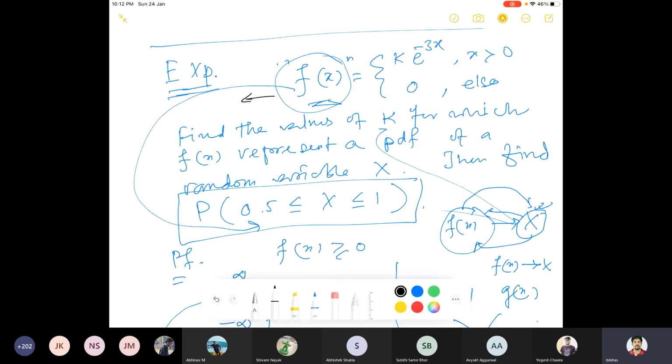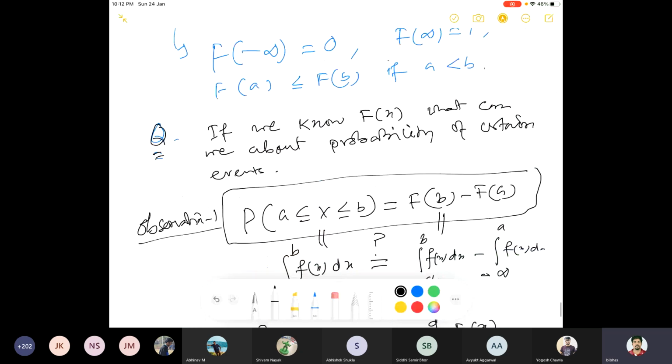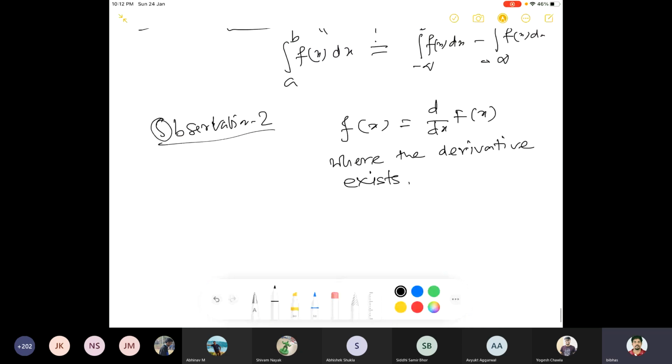From small f, if I ask you to find capital F, it will be just the integration from minus infinity to x of f(t) dt. Let me set up the question: calculate the CDF, cumulative distribution function, of the PDF defined above.